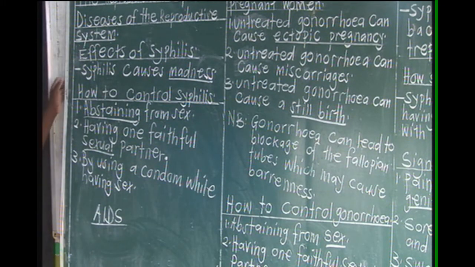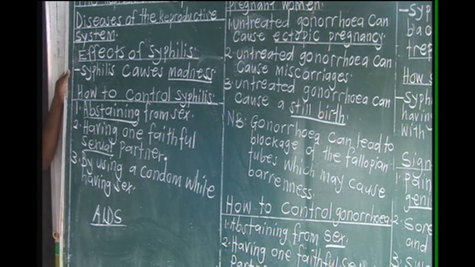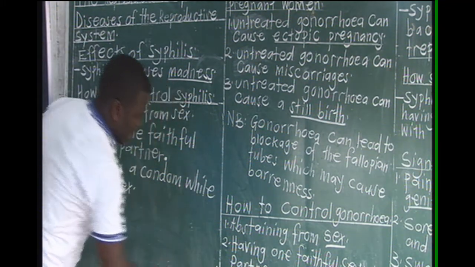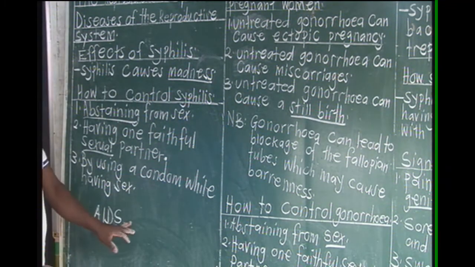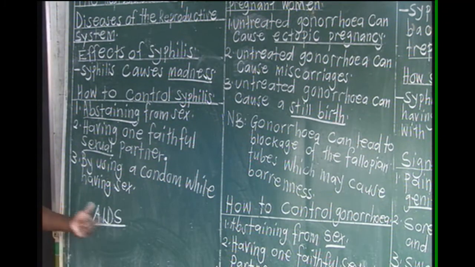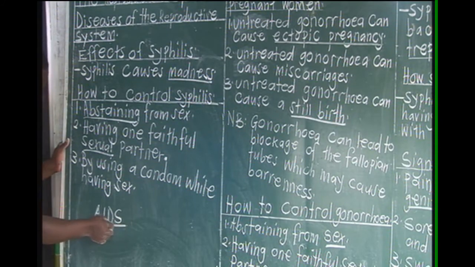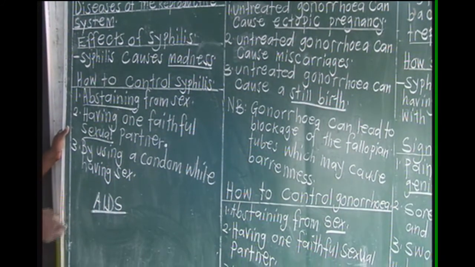Now, AIDS is a sexually transmitted disease that is caused by HIV, and you need to know AIDS in full. You need to know how to write AIDS, because these are abbreviations. That's why we have capitalized the word AIDS. Whenever you write the word AIDS, you must capitalize it, because these are abbreviations.